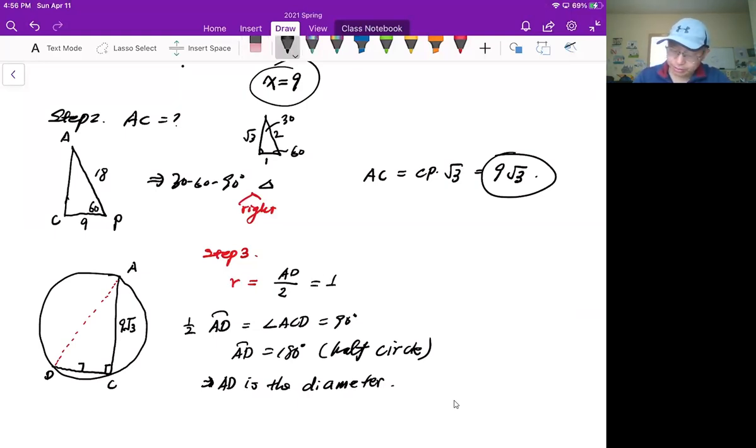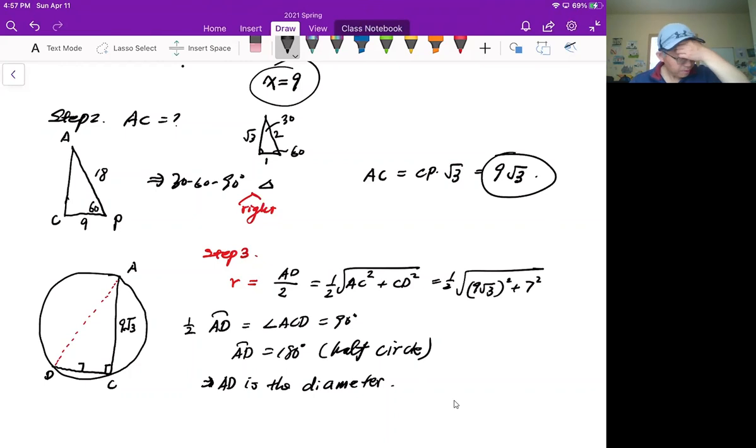So how do I figure out the AD? AD squared is just AC squared plus CD squared by the Pythagorean theorem. So we can get the square of 9 root 3, plus the square of 7.